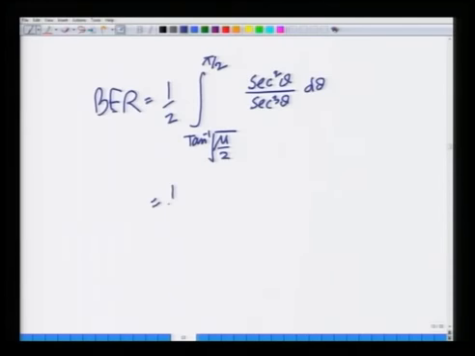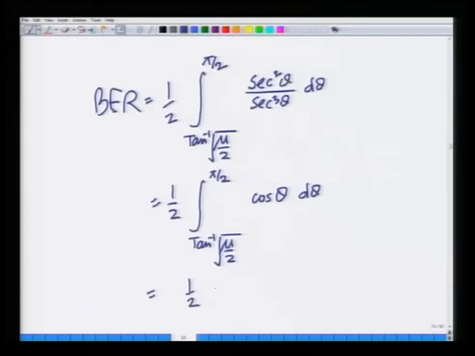So, this can be finally simplified as integral tan inverse square root of mu over 2 to pi by 2, cosine theta d theta, and we know that the integral of cosine theta is simply sin theta. So, this integral simplifies very beautifully, and this is now half sin theta between the limits tan inverse square root of mu over 2 to pi by 2.